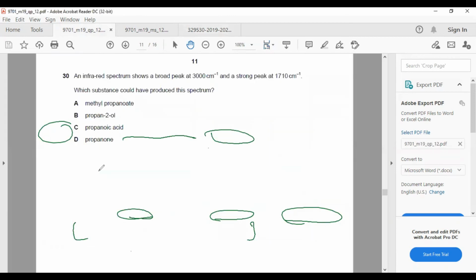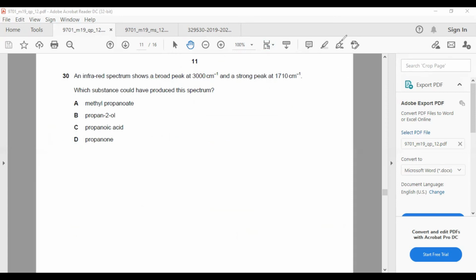So what was the question? 3200 broad peak means OH of carboxylic acid. 1700 means around C double bond O. C is the answer.